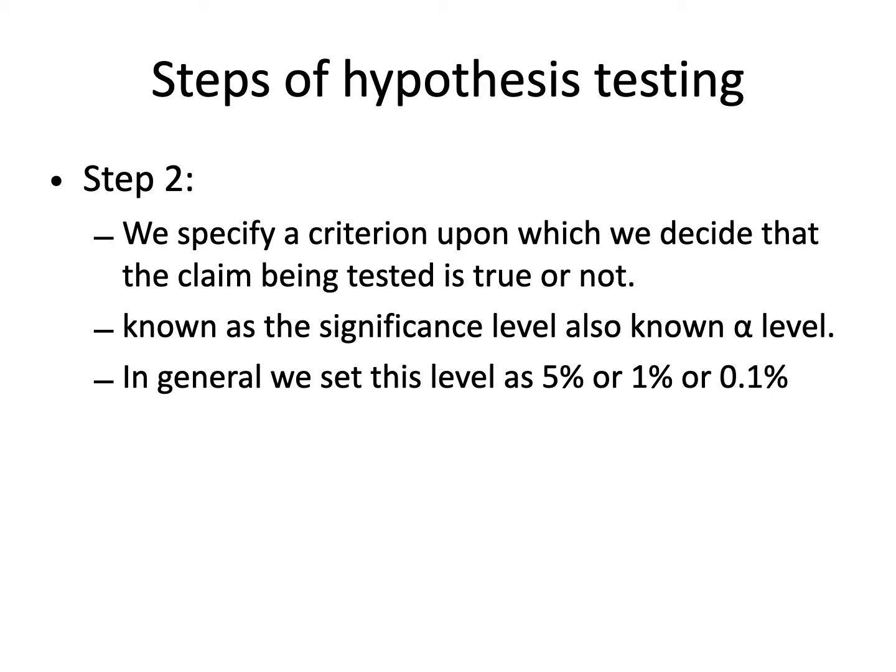In general it is set as 5%, 1%, or 0.1% level of significance. A 5% level of significance means that there is a 5% probability or chance of making the wrong decision. That means out of 100 decisions, we have a chance of making 5 wrong decisions.